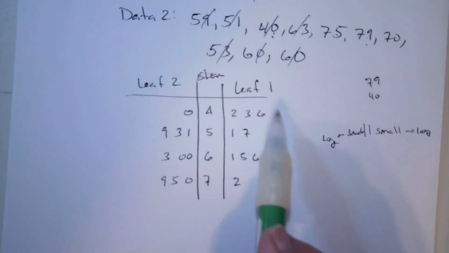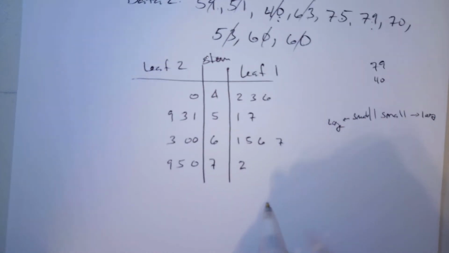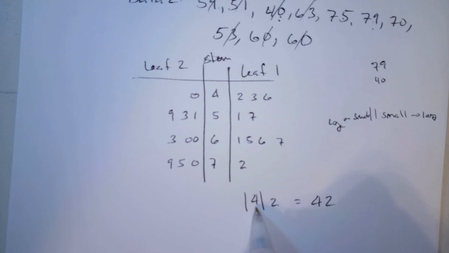So there's my stem and leaf, my legend. Here's the stem. It's inside the box. Whatever's to the right is the one. So it looks like this. That's for this side.